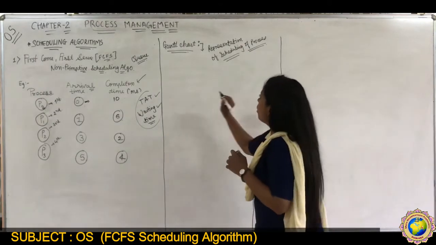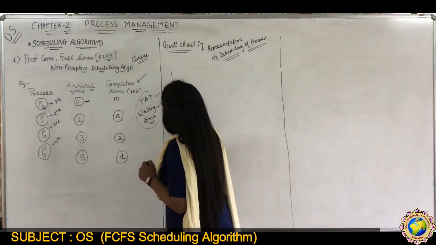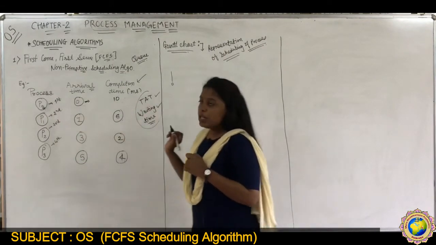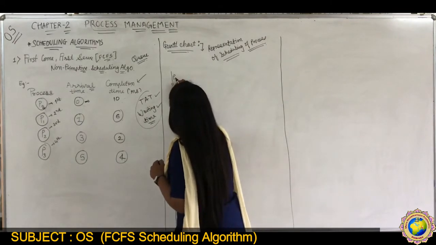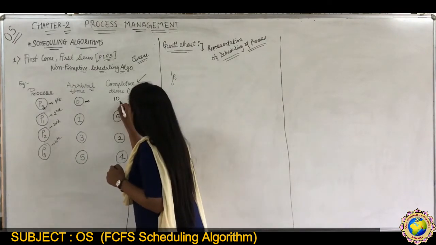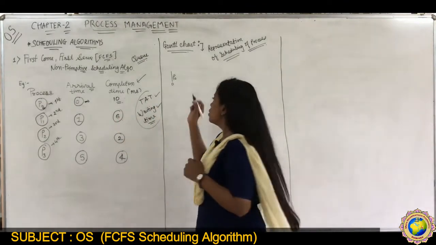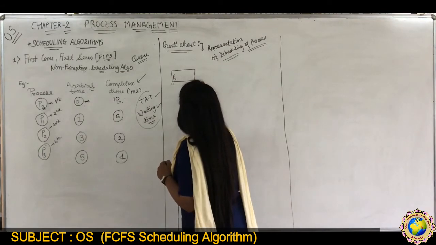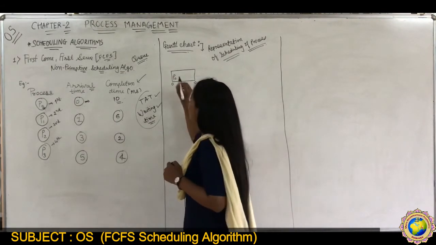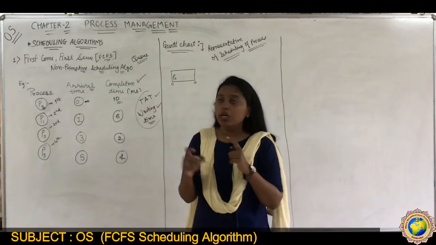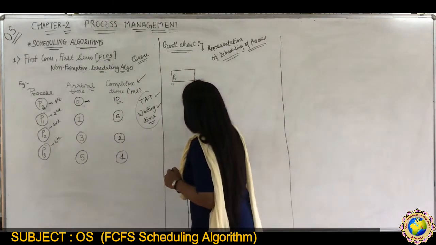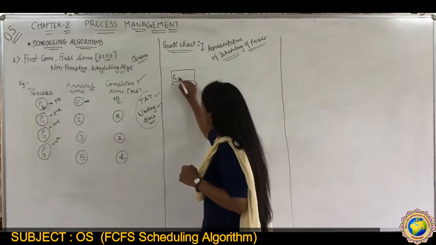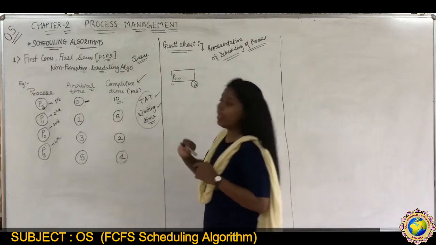At arrival time 0, P0 comes first. We write down P0 and its completion time 10, so up to 10 milliseconds we consider the P0 process. It terminates at 10 milliseconds, so the finish time of P0 is 10.